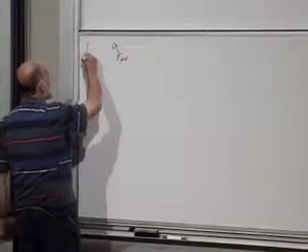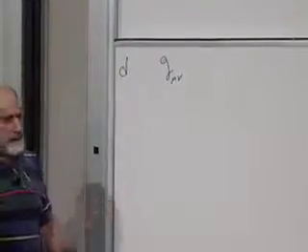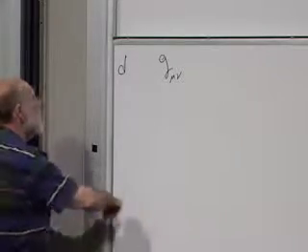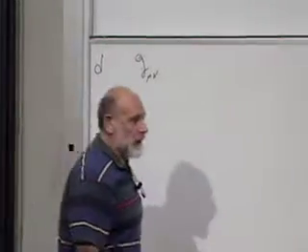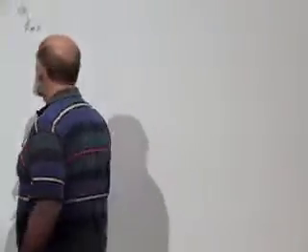I'll try to keep my notations as consistent as I can. Instead of calling it ds squared, since s is usually the label for distance in space, one calls it d tau squared because it's more like time.